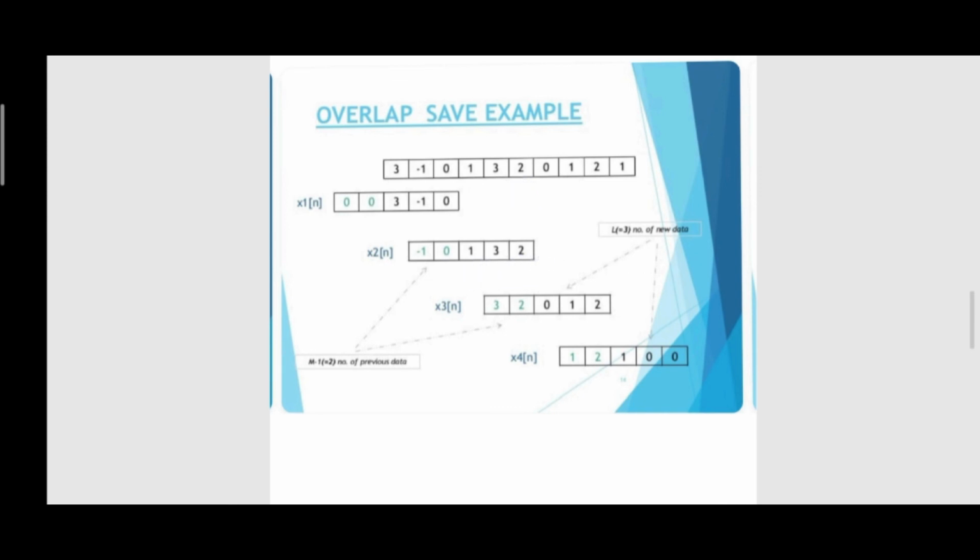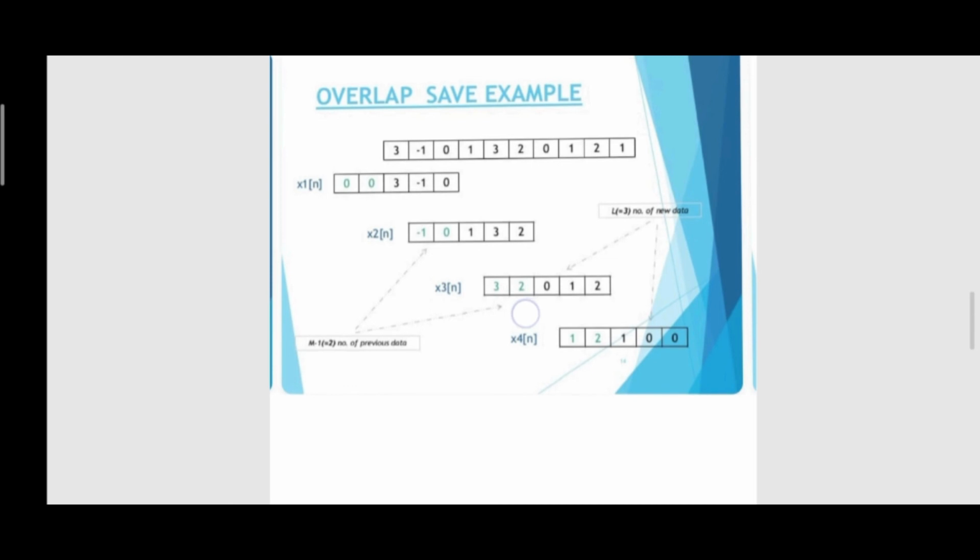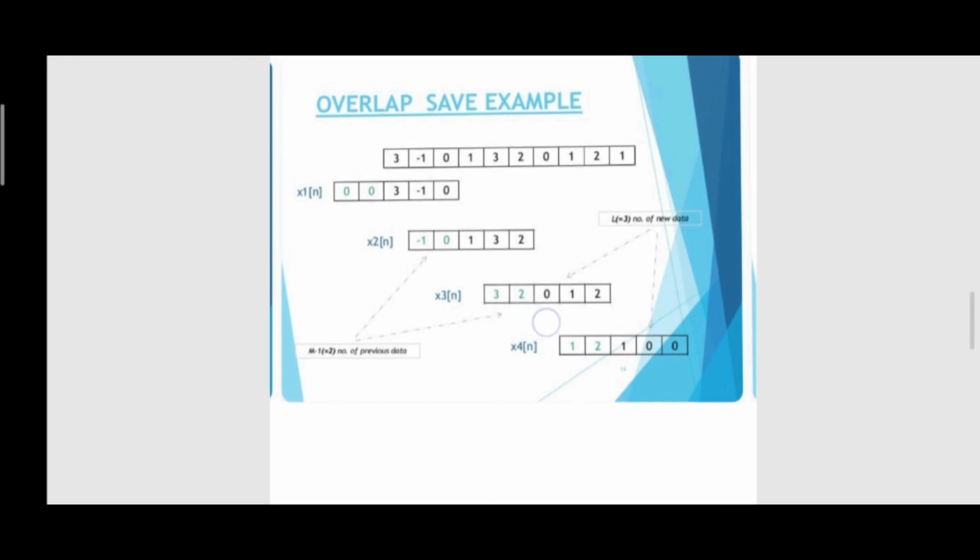In x3 of n, we are taking m minus 1 number of previous values, so 2 values, 3 and 2, and the next values are 0, 1, 2.